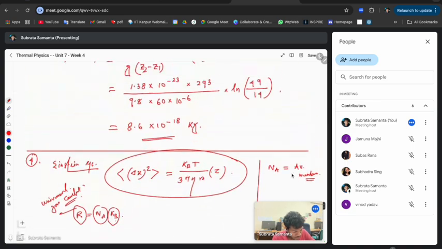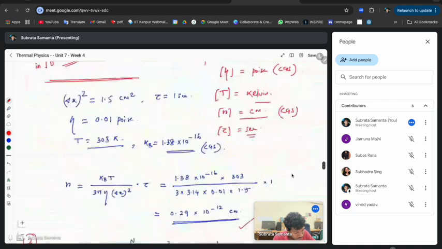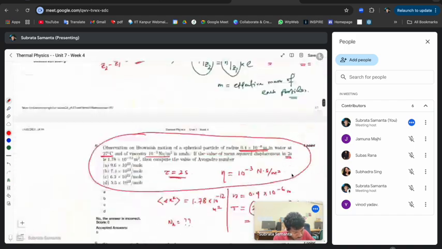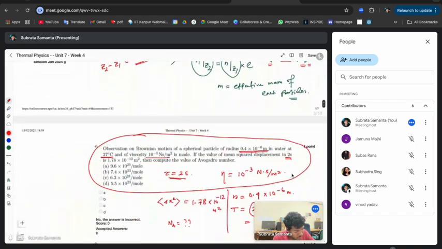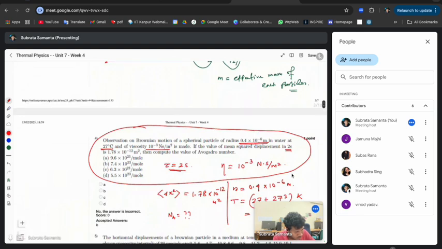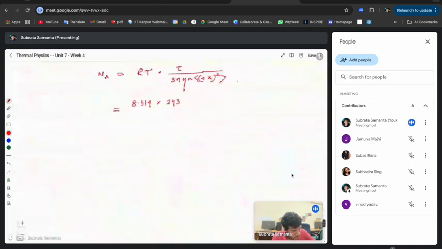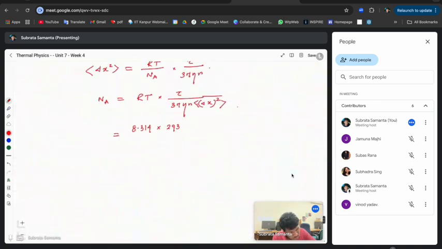So what is the temperature? Let me check once. 27, so the temperature is 300 Kelvin. Sorry, the temperature is not 293, it is 300 Kelvin.